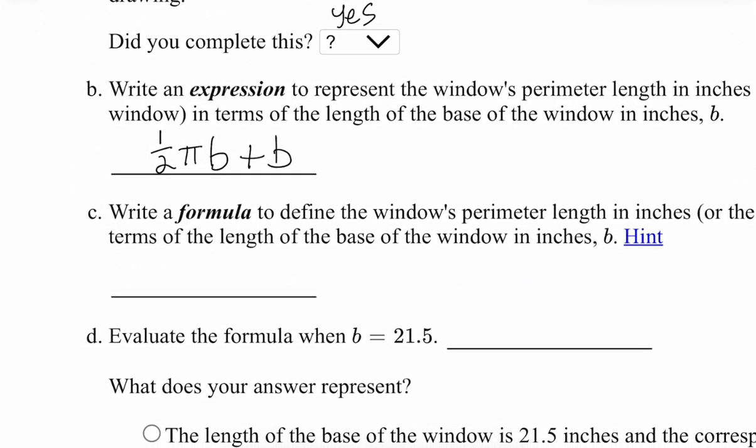Those are not like terms. We cannot add them up. Do not add them up. So the formula flows pretty well. It should just be P equals 1/2 pi B plus B.